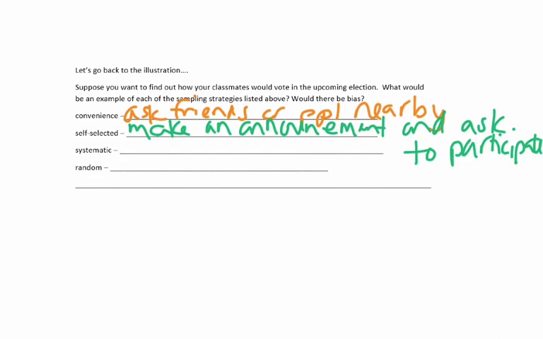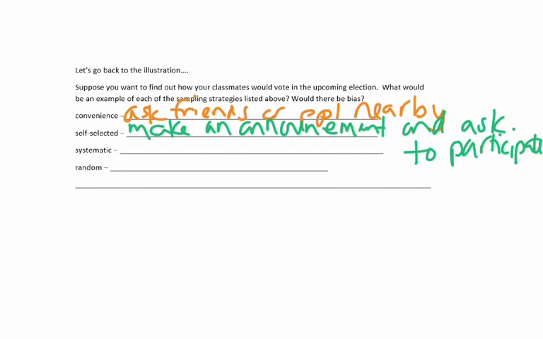Now, one way that this can end up being biased, and it's again difficult to know whether it would make a significant impact on your results, is that people who tend to volunteer feel very strongly about an issue or a candidate. If you're really in favor of a particular candidate, you're like, oh yeah, I want to get my vote in, I want to make sure people know what I think.